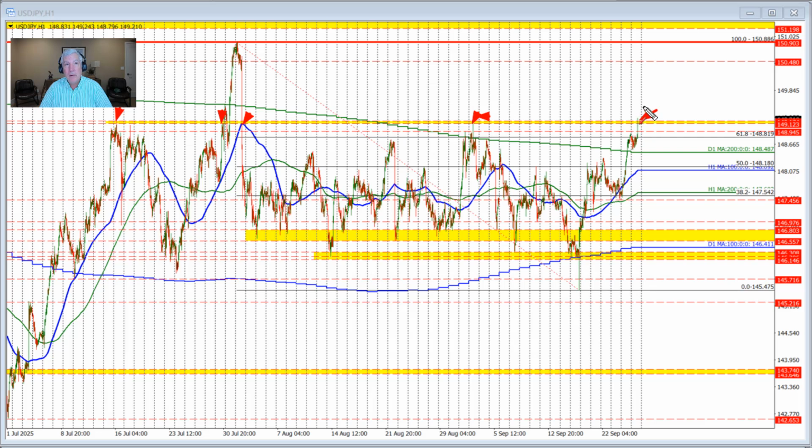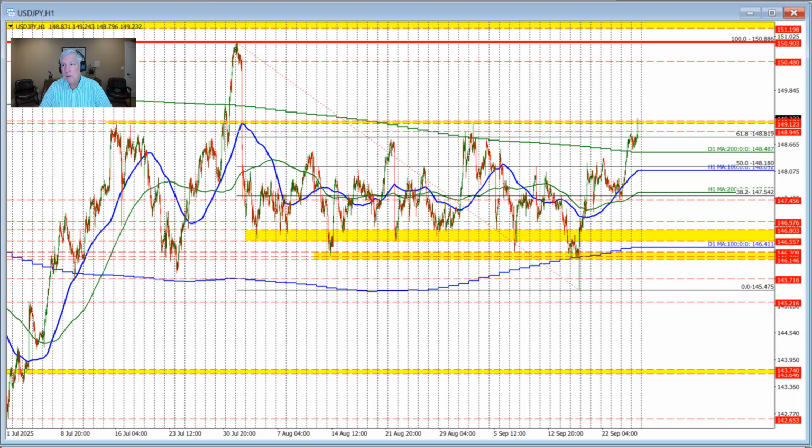Stay above that level, and the door remains open. We're into this extreme area. The next target will probably be this high going back to this period right through here, where the price tested the 200-day moving average at the time, found willing sellers against that level. That will be the next key target on the top side for the dollar versus yen.